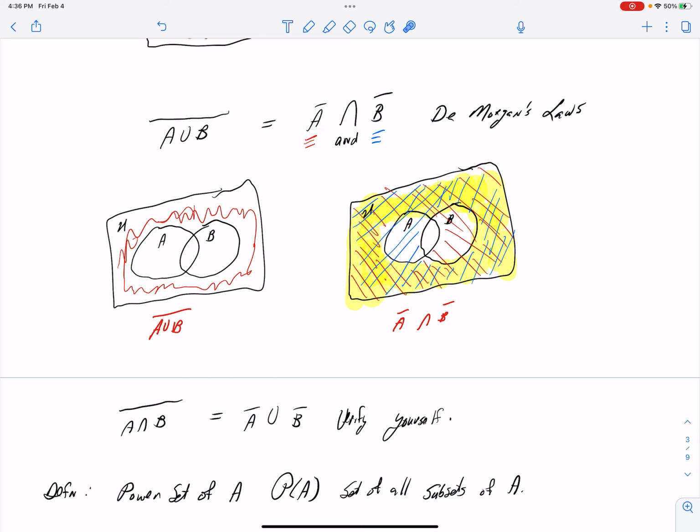So everything that's not in A is all this piece here, right? Everything that's not in A. By the same token, everything that's not in B is this piece right here, and I'm going to denote those with blue marks.